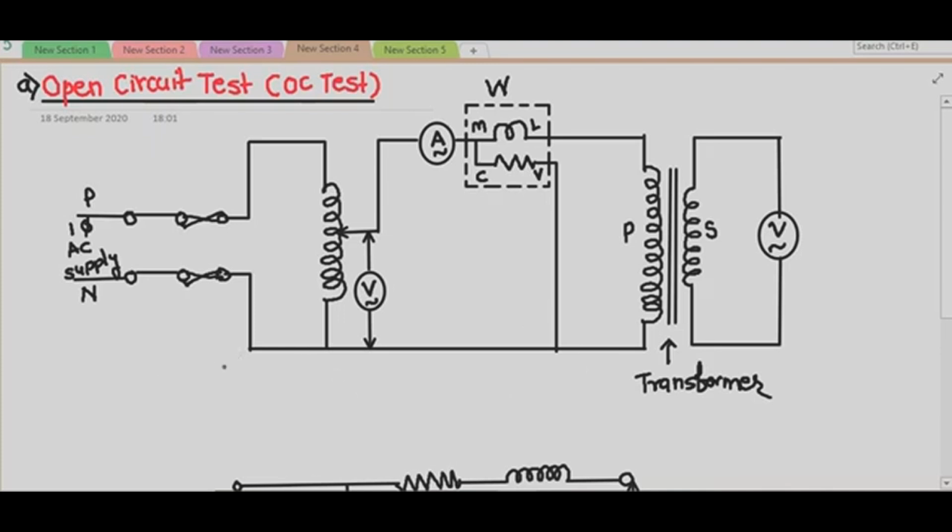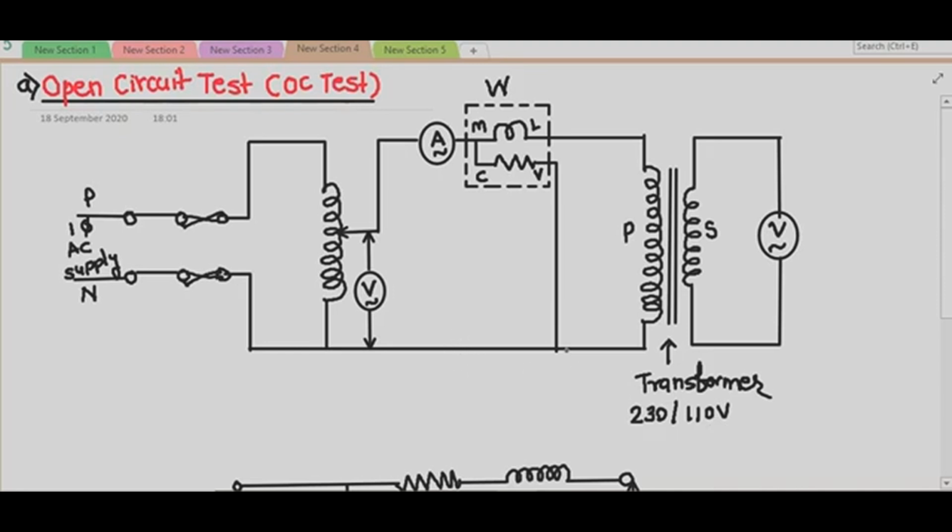So, in open circuit test, we have to adjust the voltage across primary to its rated value. Suppose this transformer is 230 by 110 volt. I am taking just an example. Then what is the voltage rating of the primary? 230. What is the voltage rating of the secondary? 110, right?